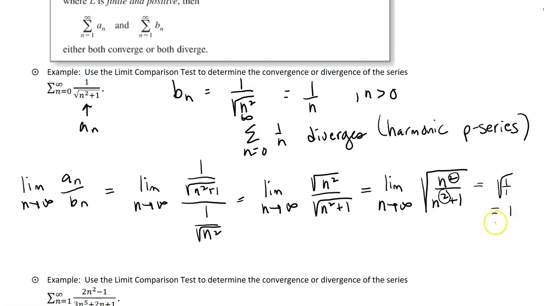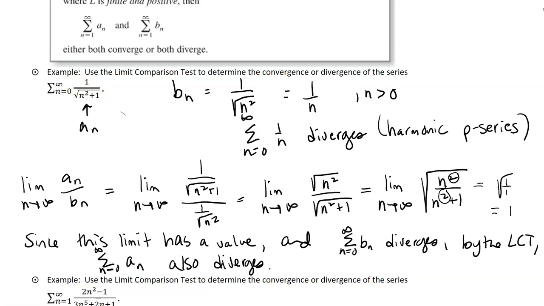So since it's a number L, since this limit has a value, and the series, the sum of b sub n diverges, then the limit comparison test is going to say that this series also diverges. So you can see I've just written out a statement stating that.